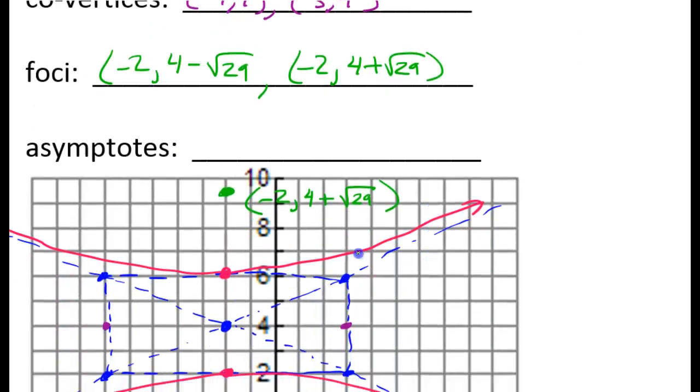So that just leaves the asymptotes. Remember that you can use the following model to get the asymptotes all the time. y minus k is equal to plus or minus m times x minus h. This is really just point-slope form of a line, but the point that we're using is always going to be the center of the hyperbola, h comma k.